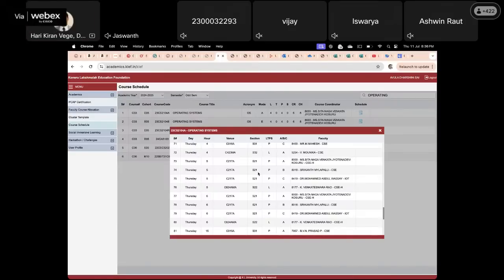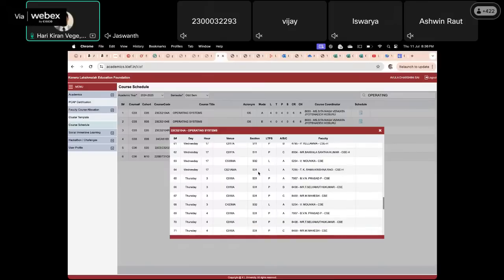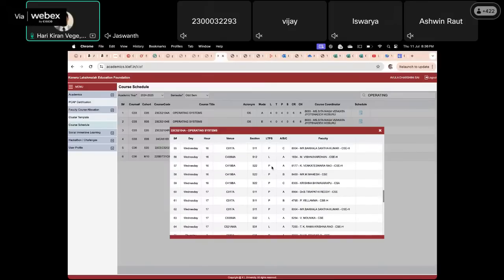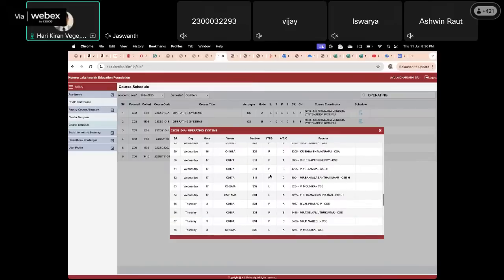S22 practicals are handled by whom? Practical A faculty is K. Venkateshwar Rao, B faculty is M. Mahesh, C faculty is Krishna, right? So that is for the S22 section. So here the section numbers and the faculty for lectures and practicals are all given.